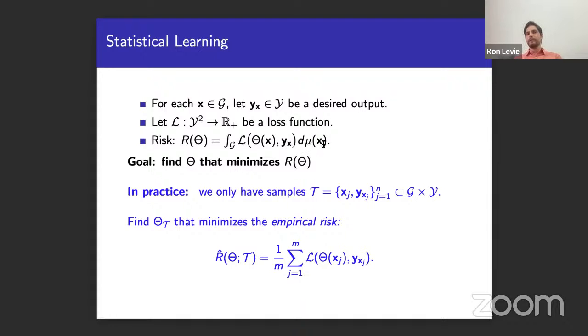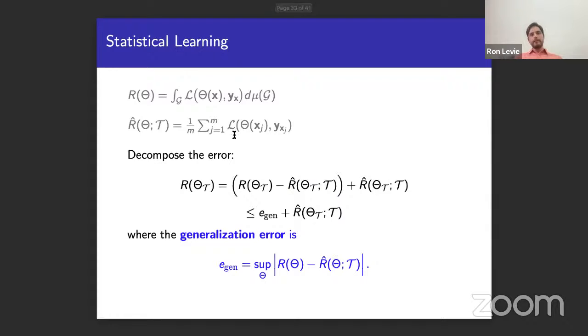And also we don't have a good model for the probability distribution. So what we do in practice, we assume that there is a training set that was randomly and independently sampled from the probability space G, and then we minimize the empirical risk, the sum over the losses for the training data.